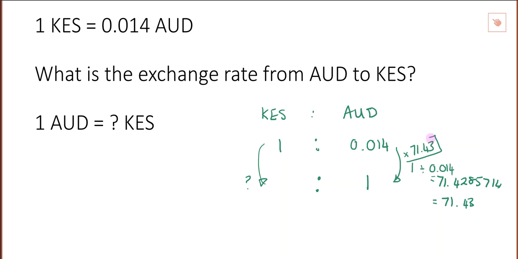That's how many of these make 1. So I've got to do the same on the other side. Multiply by 71.43, which is easy because 1 multiplied by 71.43 is 71.43. So what is the exchange rate? Well, 1 Australian dollar is equal to 71.43 Kenyan shillings, to finish off the question.